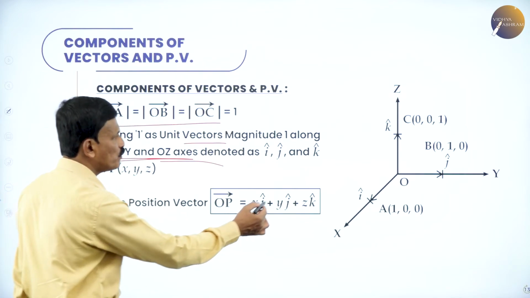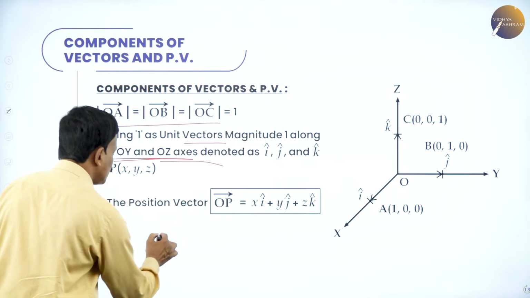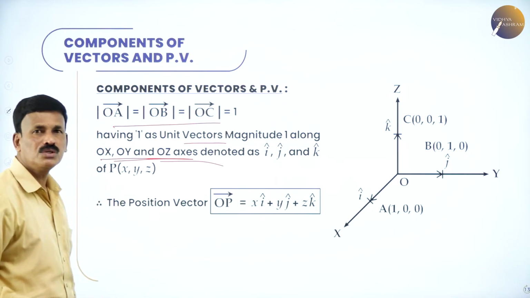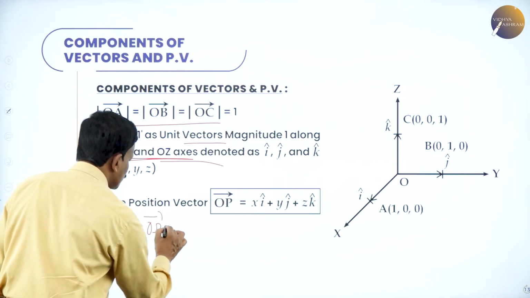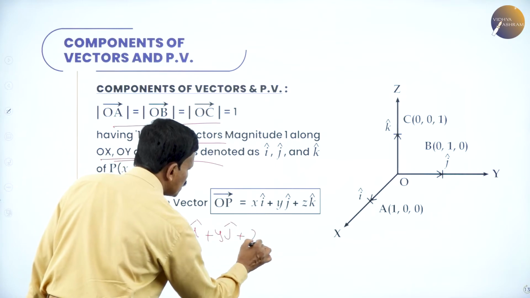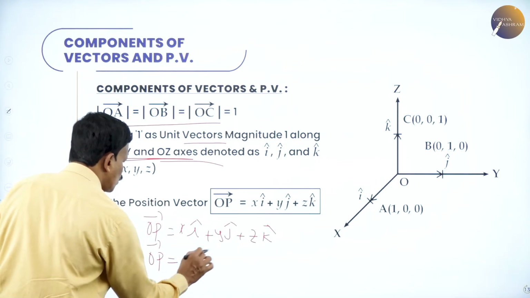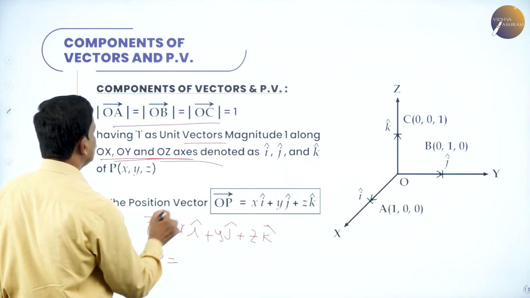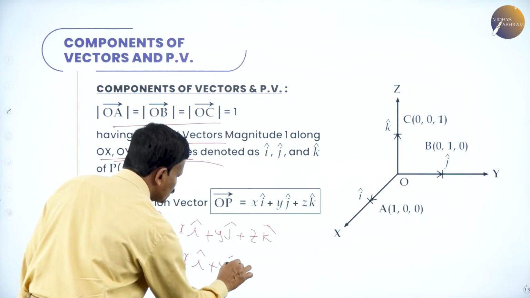Therefore the position vector of the point P (X, Y, Z) is given by vector OP is equal to Xi plus Yj plus Zk. Suppose it is only the X coordinate and Y coordinate, then the position vector is given by Xi plus Yj.